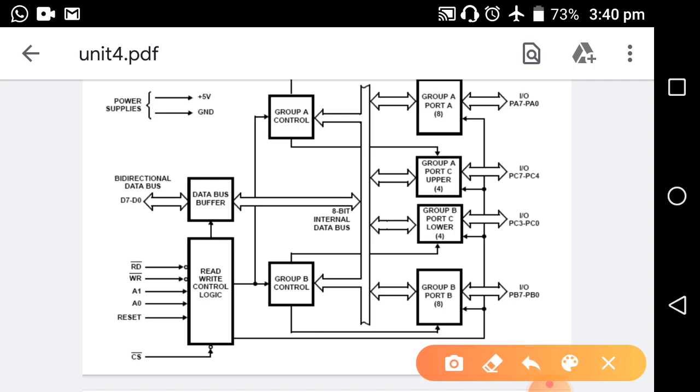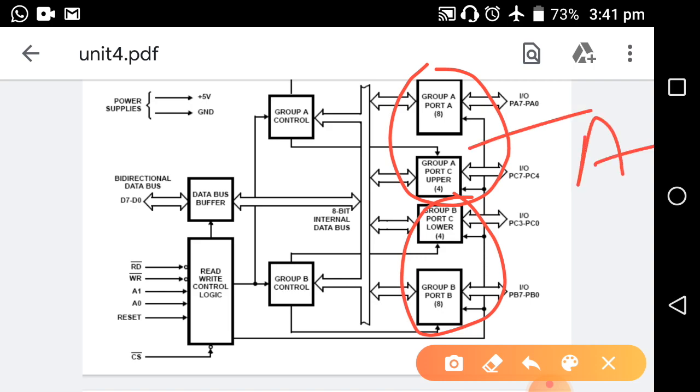In this diagram, the 8255 architecture is divided into 2 parts: one is group A and the second is group B. This group A has the 8 bits of port A as well as the upper 4 bits of port C, and group B has the lower 4 bits of port C and the total 8 bits of port B. Then these are the bidirectional ports.